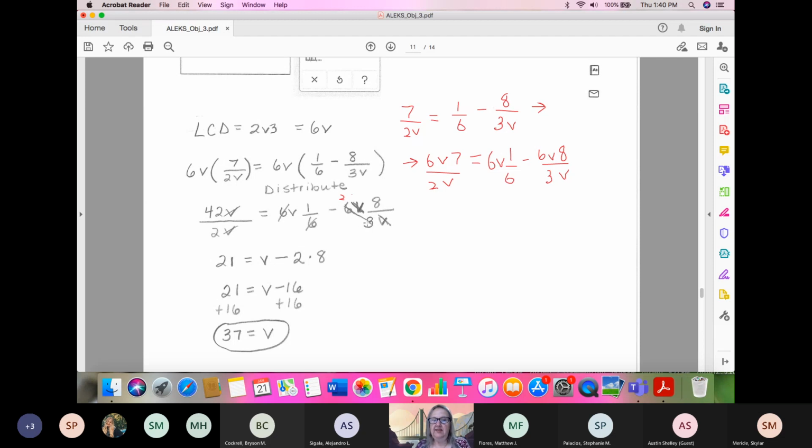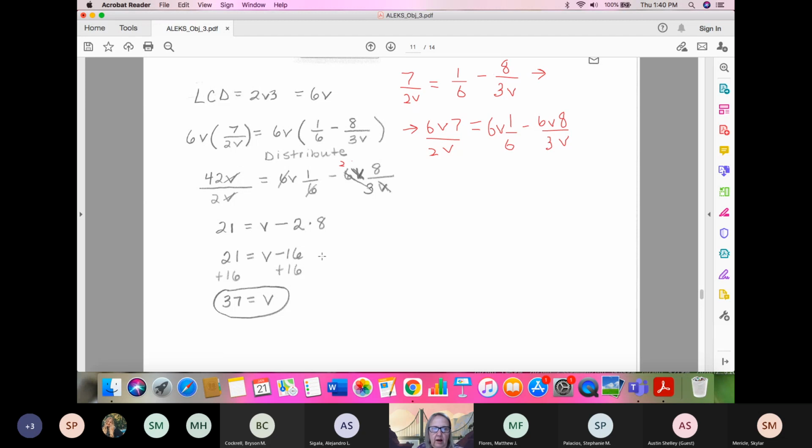You can take the 6 divided by 3. 6 divided by 3 is 2. So I put a little red 2 up here. And then V divided by V. So those V's go. So then we have 2 times 8 left. And so we are now left with 21 on this side equals V minus 2 times 8, which is 16.